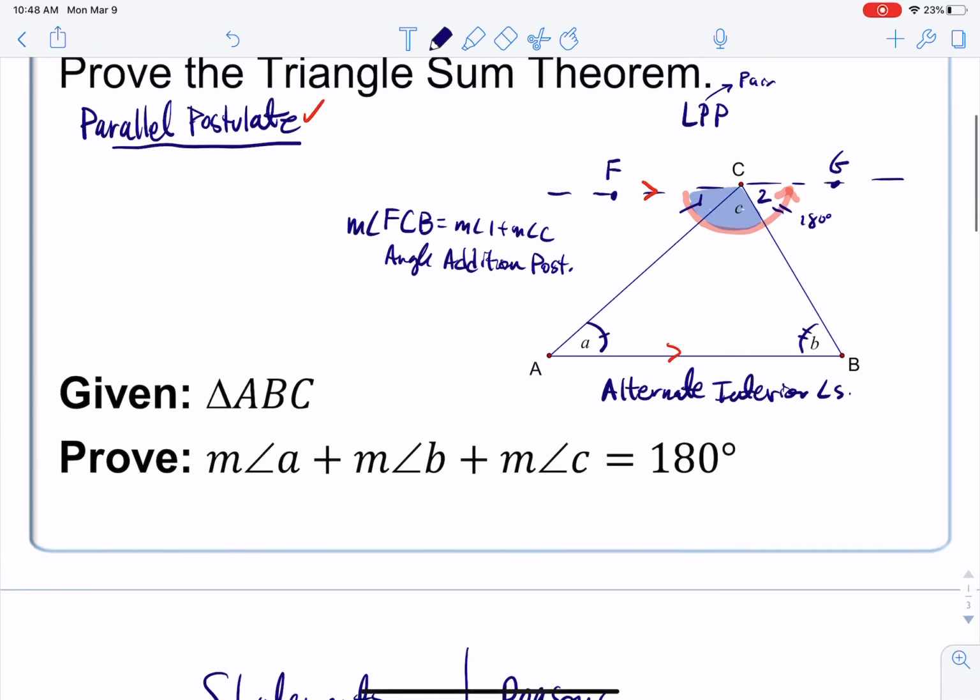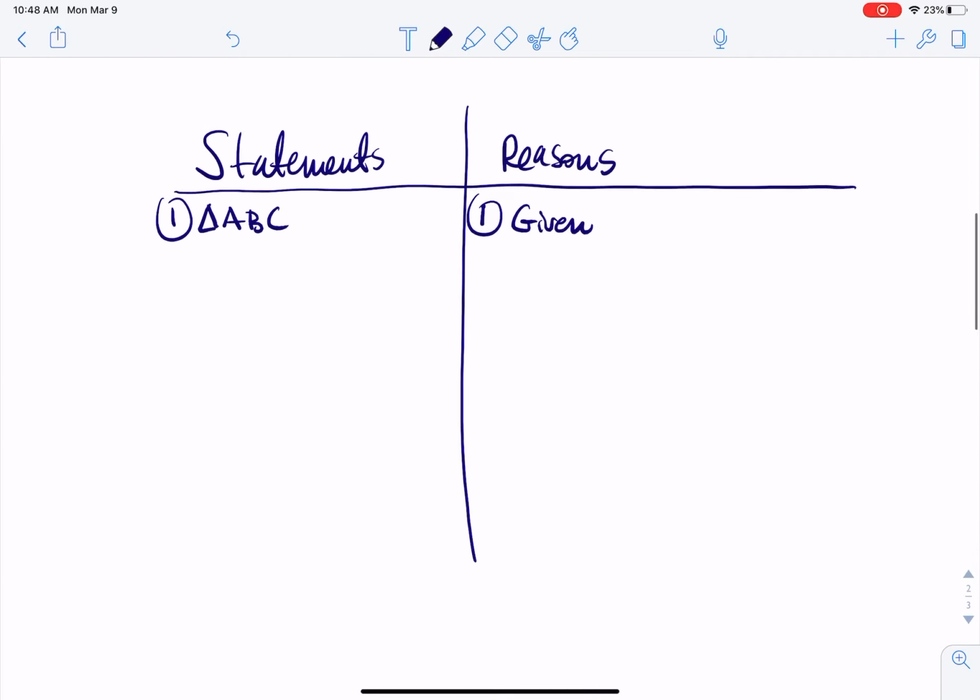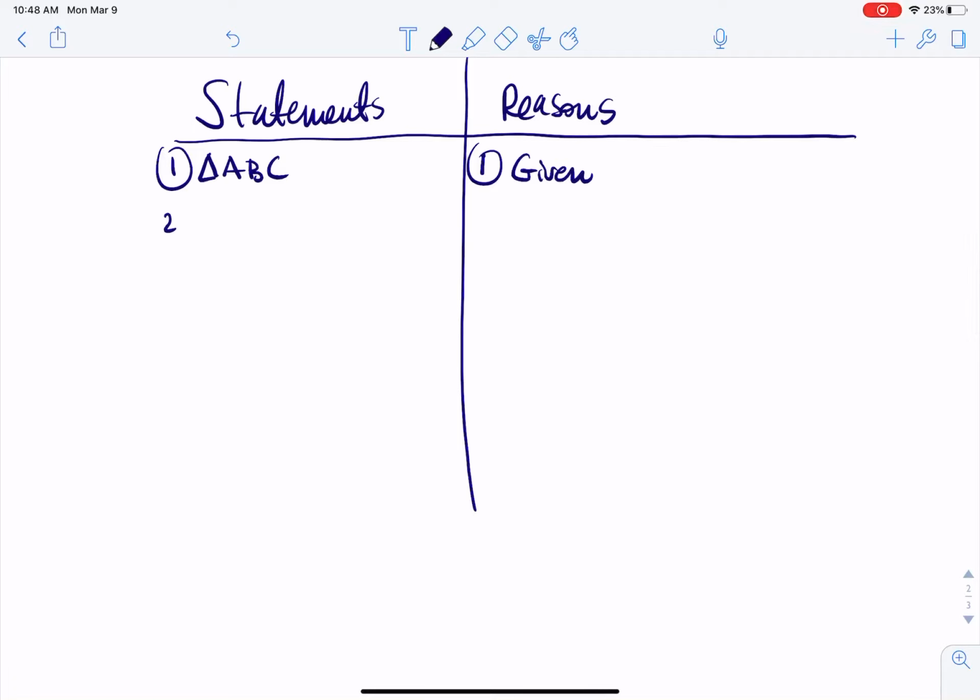Okay, and if I look back at my plan up here, I needed to draw in line FG through point C parallel to AB. I've got to actually write all of that stuff down.